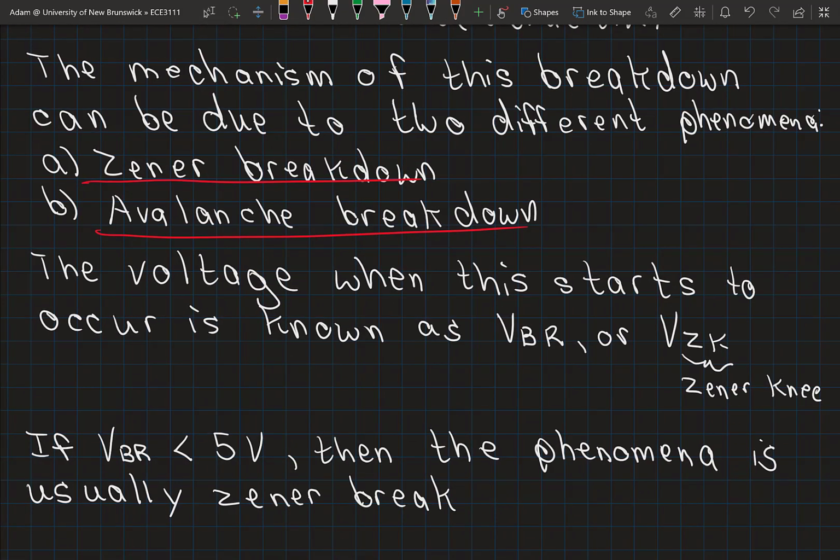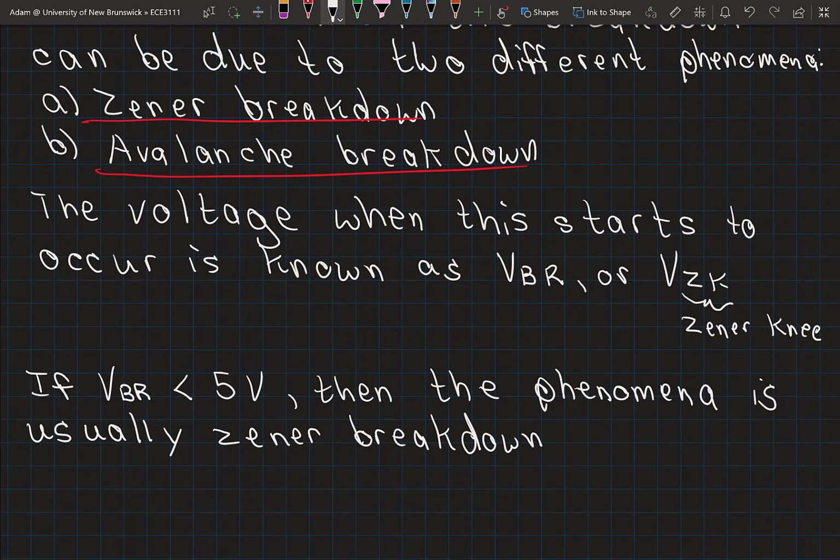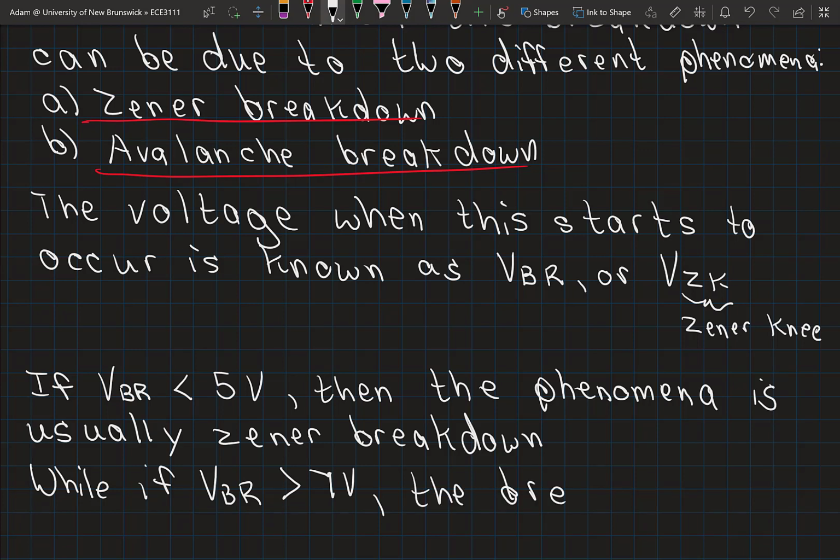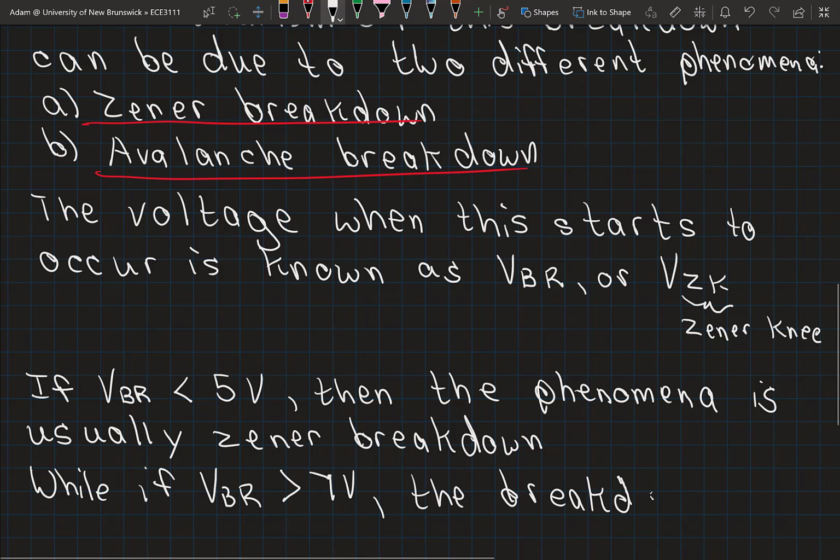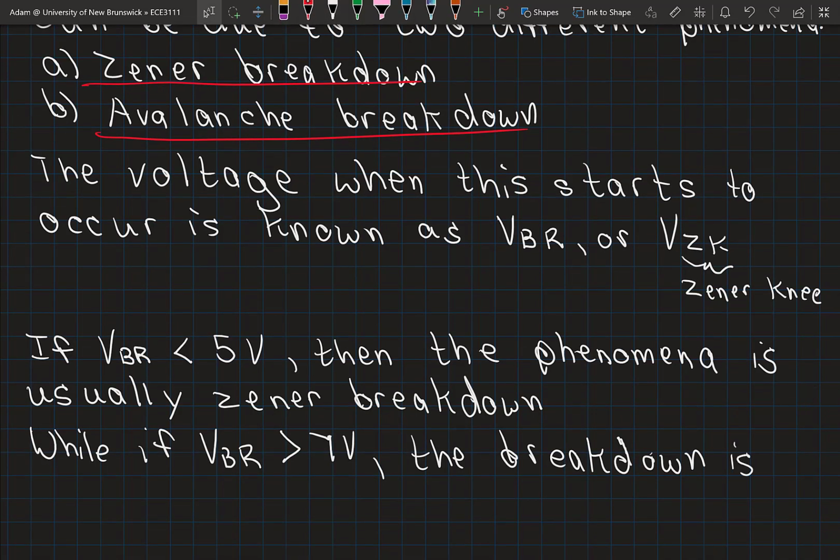And again, I'll define what Zener breakdown is here in a little bit more detail in a second. While if the breakdown voltage is greater than 7 volts, the breakdown is attributed to avalanche effect.